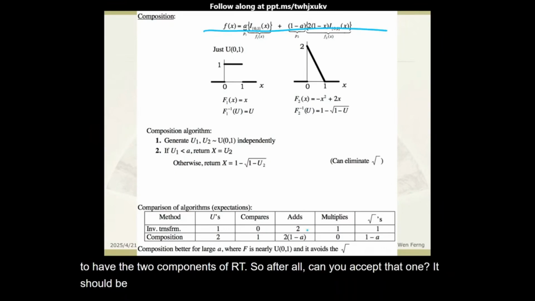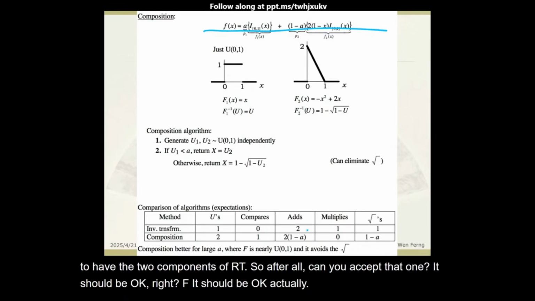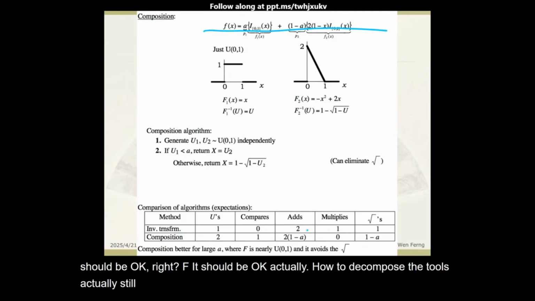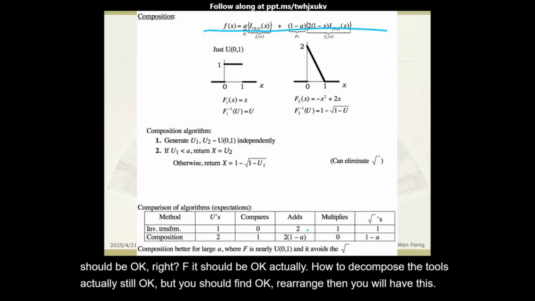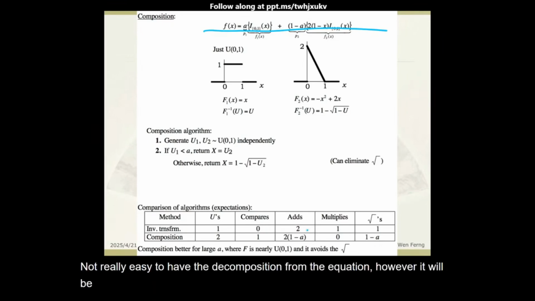If it should be okay, actually, how to decompose the twos is actually still okay, but you should rearrange, then you will have this. All right, so it's not really easy to have the decomposition from the equation. However, it will be easier to have the decomposition based on the figures. Is it okay?